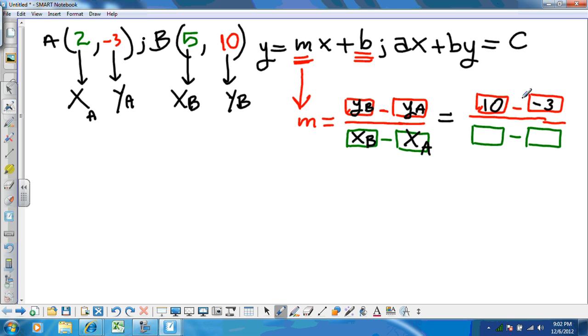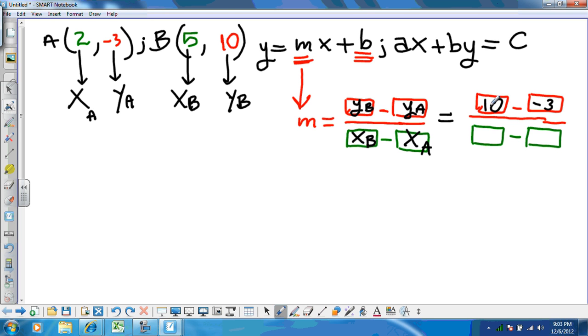So y of b is 10 and y of a is -3. I always like to use boxes or circles because it really eliminates any sources of error.